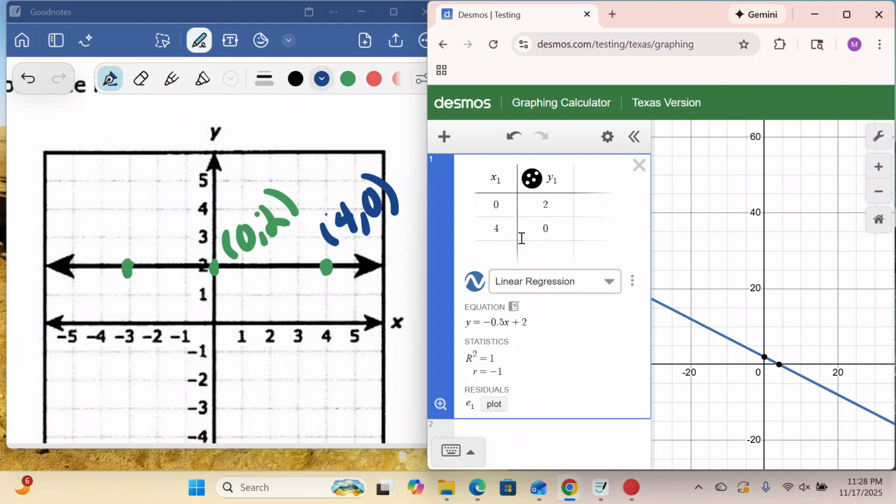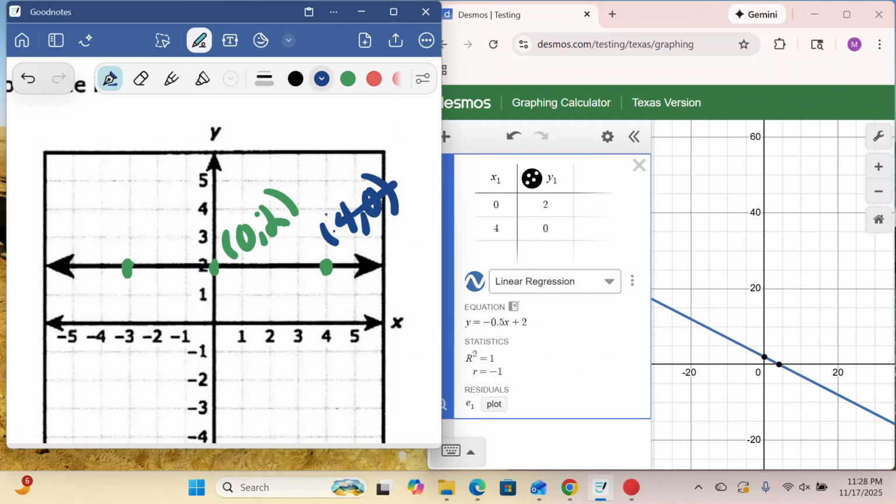4, 0. I inputted it correctly. That is correct. And then I have 0, 2. That is correct. We have 0, 2 and 4, 0. But my line is not correct because remember, 0, 2 is this one. So right here, if I look at this one, it's not 4, 0. That is incorrect.